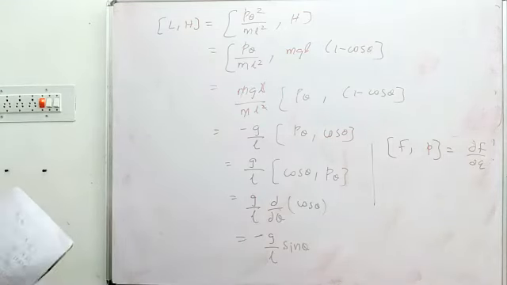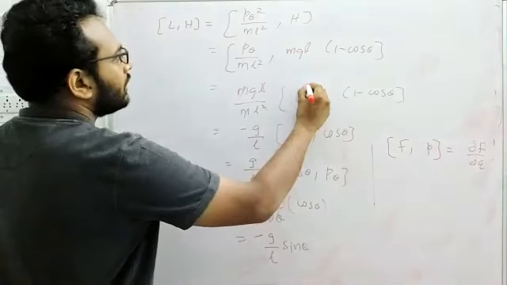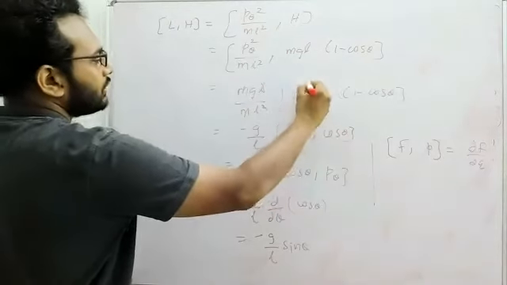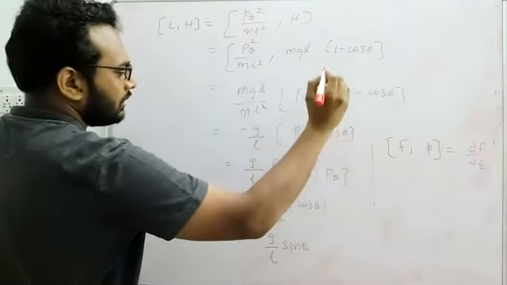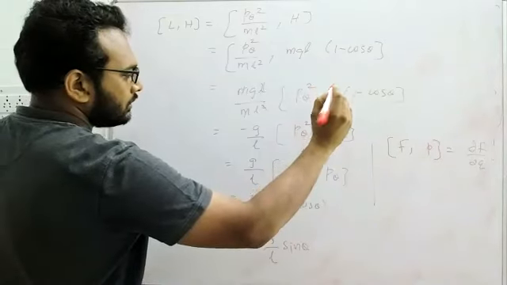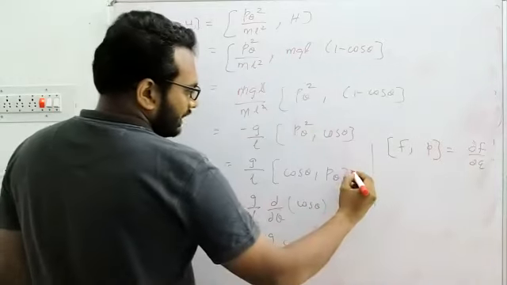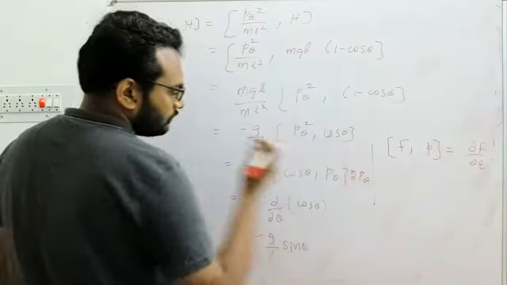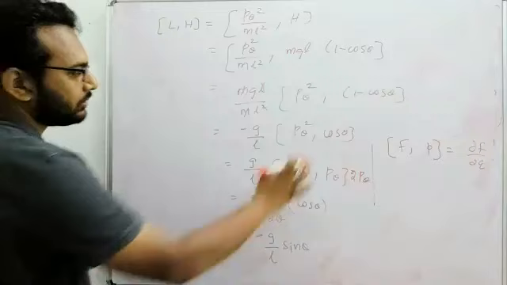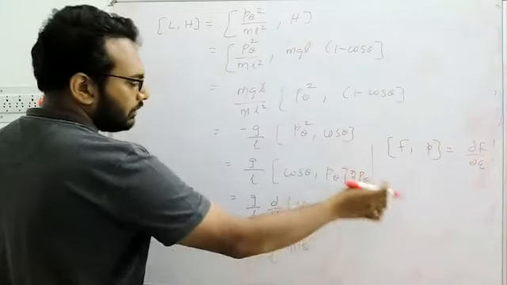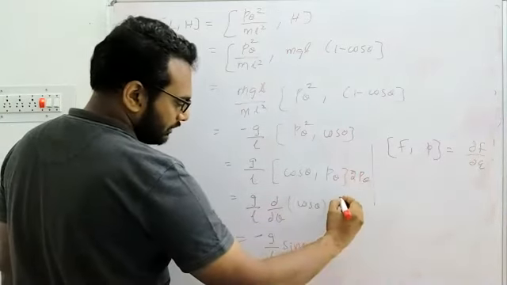Oh, no. There's a p theta square here, right? I'm sorry. So there will be 2 p theta here. I missed that square. So that square will give you 2 p theta there. I'm sorry for this.